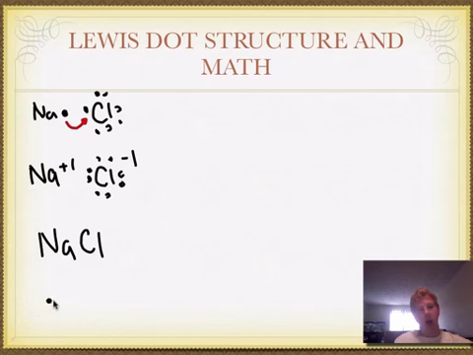chlorine. Another way we can look at this, though, is if you know what the charge is for the ion that you're going to be forming, or you can go about figuring out what that charge is going to be, we already know that sodium has a plus 1 charge and chlorine has a minus 1 charge.